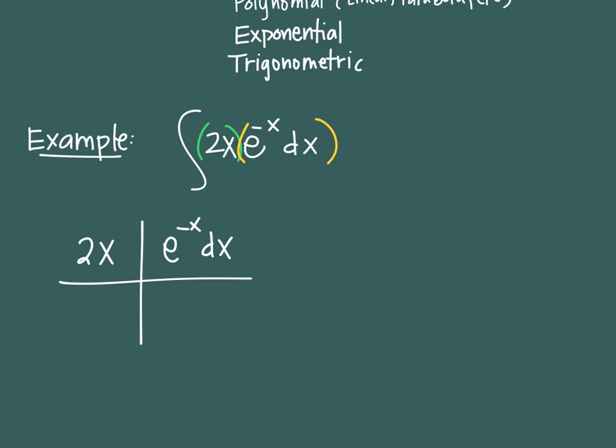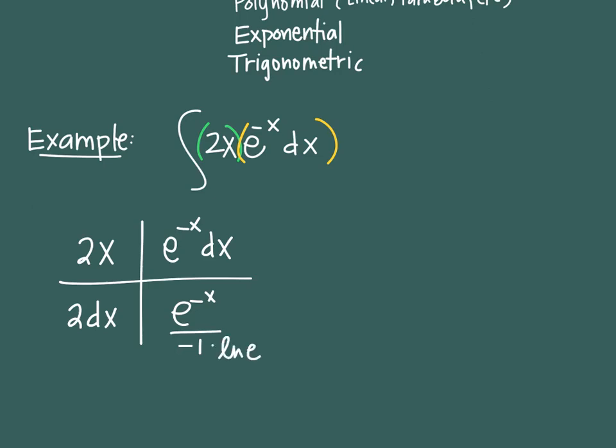Now I apply my derivative or differential rules and separate. What will the result of the differential on 2x be? 2dx. And what will the antiderivative of e to the negative x dx be? It's e to the negative x, but I have to remember to divide by negative 1, and by the natural log of e.